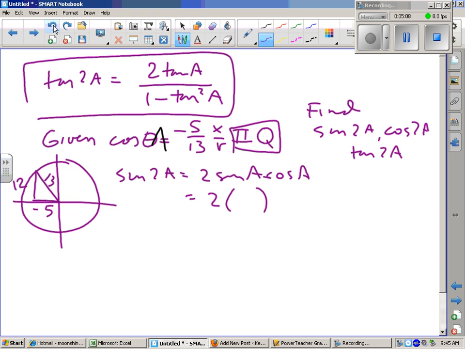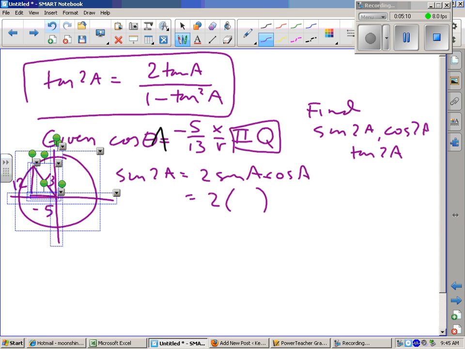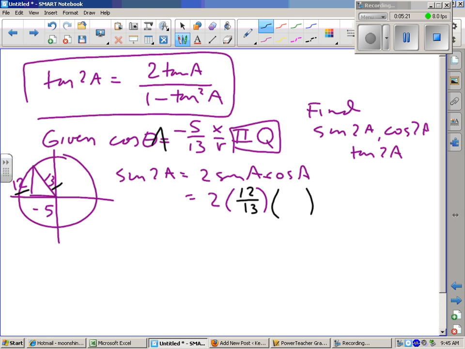Sine a is y over r, so we have 12 over 13. Cosine a, they already gave us, is negative 5/13. So put a 1 under here, multiply straight across, and I get 24 times 5 would be negative 120 on the top, 169 on the bottom. So that's the sine of 2a.